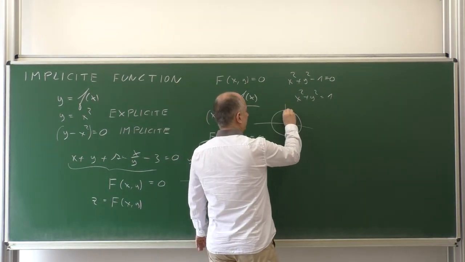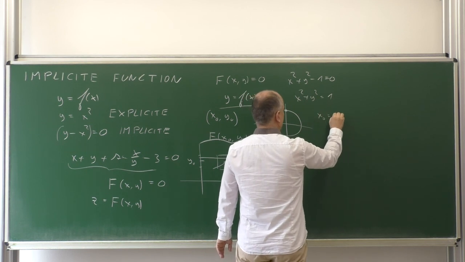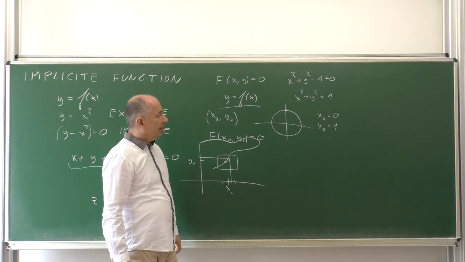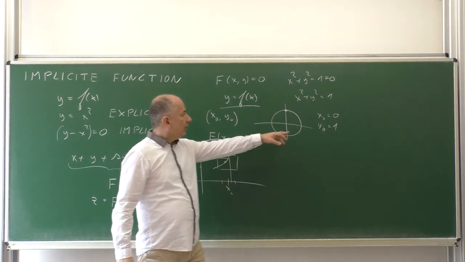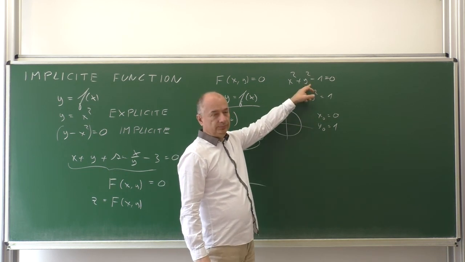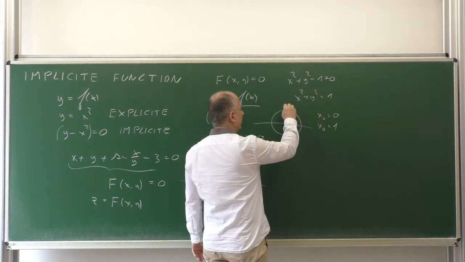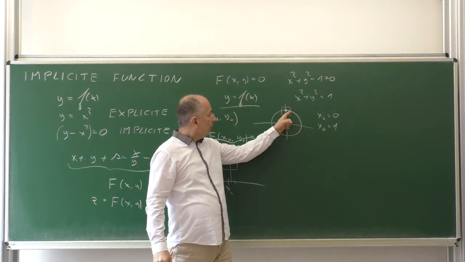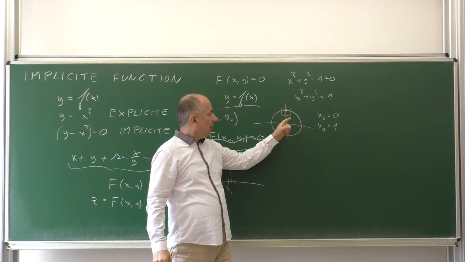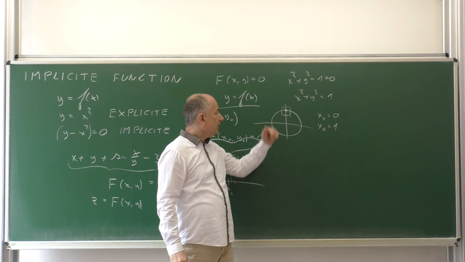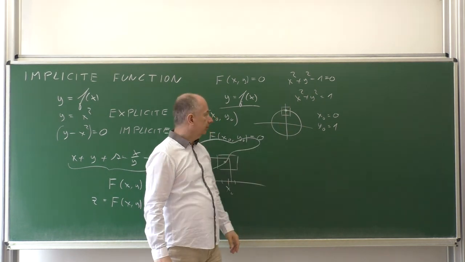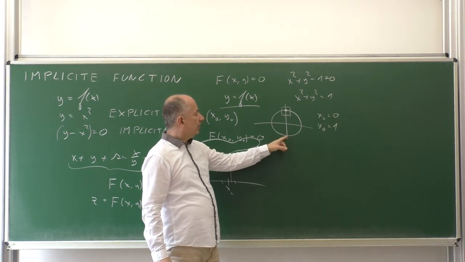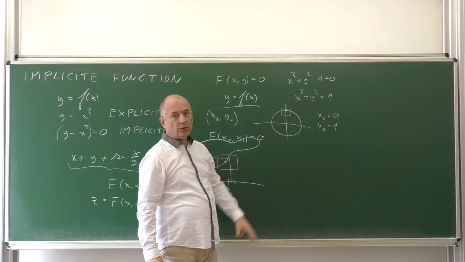Then, if we consider, say, this point, x0 is 0, y0 is 1, then indeed this point satisfies this equation, and there is some neighborhood of this point such that we can look at the small piece of the contour line as a graph of y as a function of x. There is no problem with the existence at these other points, because they are out of this small neighborhood.